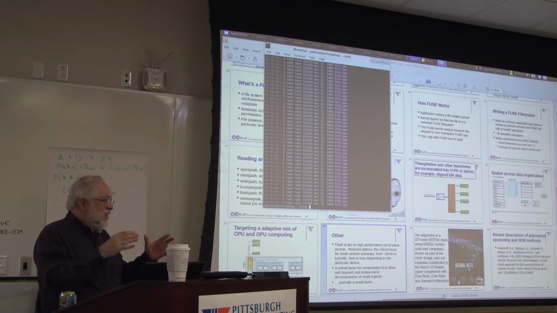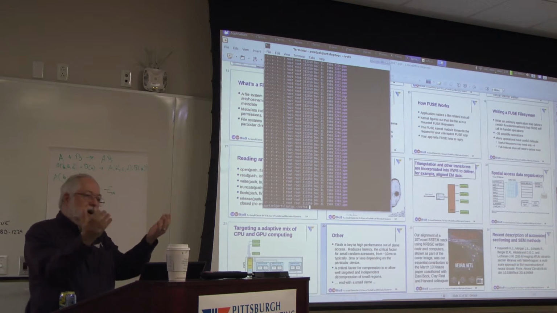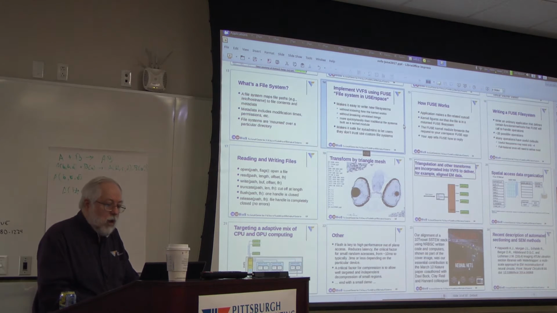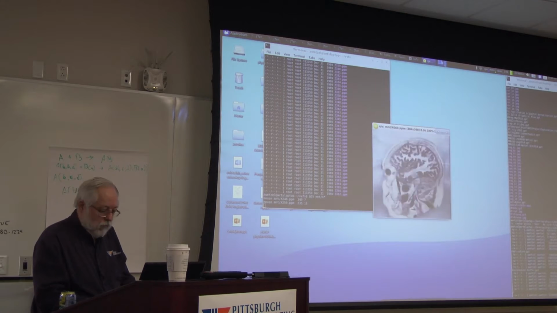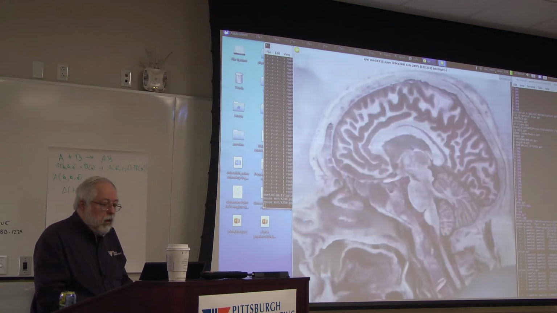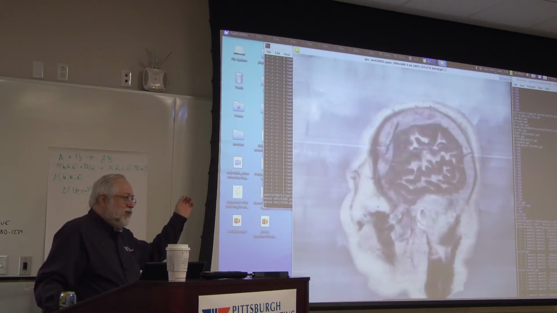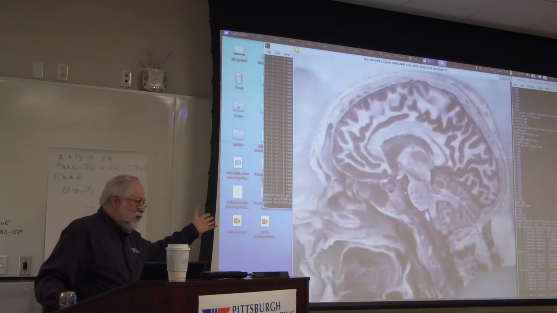They aren't really. What's happened is that the virtual volume file system has read in one volume of data that represents, in this case, a little section of the Visible Human head. Now this program that I'm using, called Quick Image Viewer (qiv), knows nothing about the virtual file system.